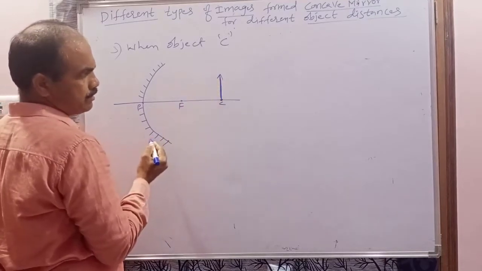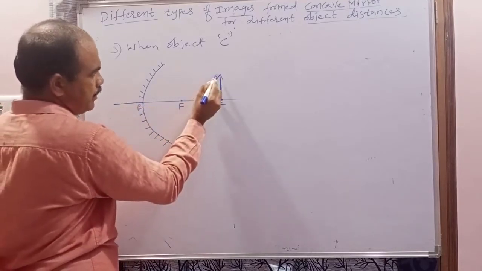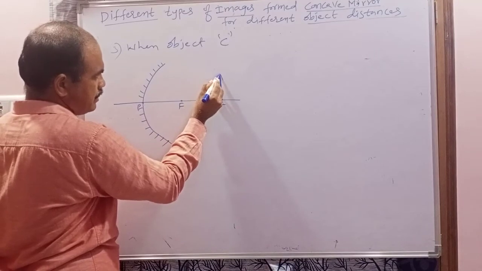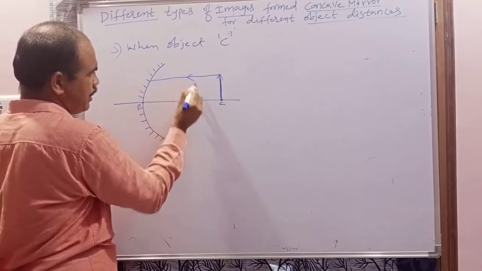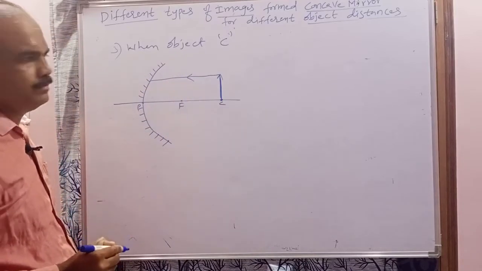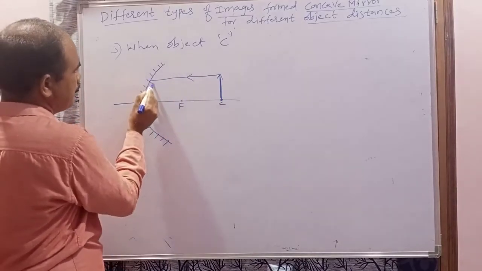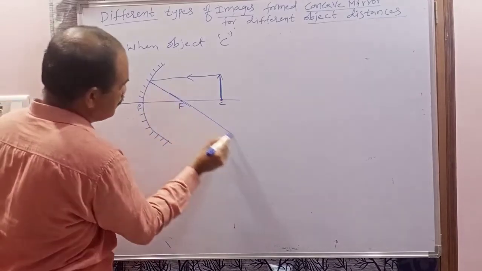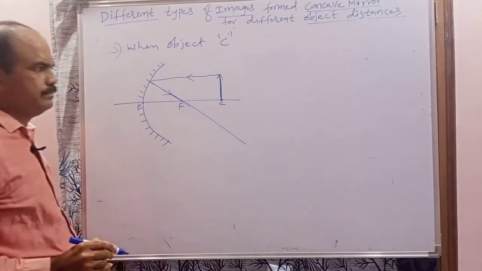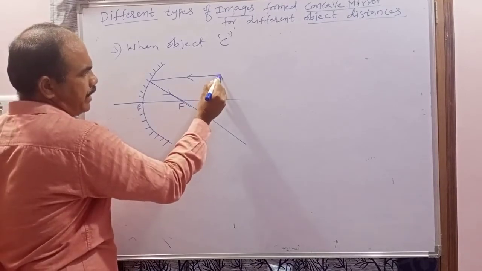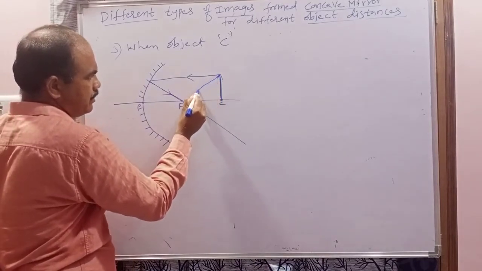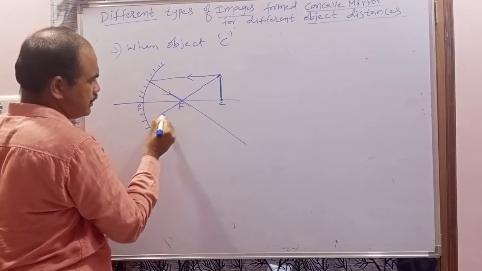From the top of the object. Among the incident rays, first of all I am taking the ray which is parallel to the principal axis. After reflection, it passes through the focus. Now I am taking another ray that is passing through the focus.